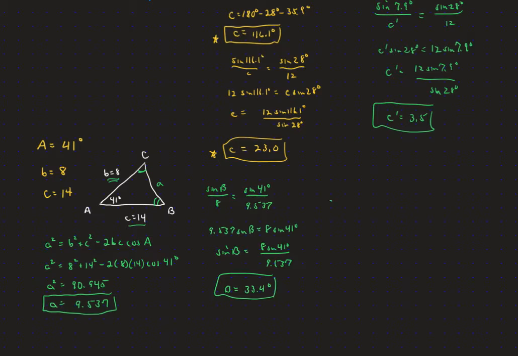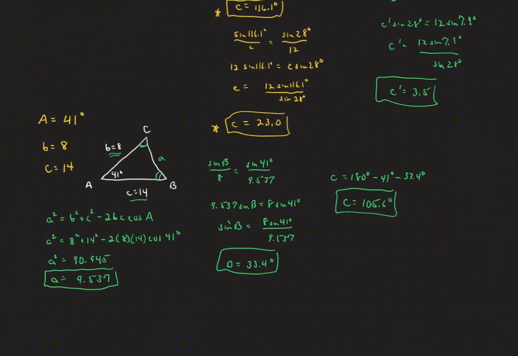Now we can find safely that biggest angle by subtracting our other two angles from 180. And I think we're going to find out this is, in fact, obtuse, which we couldn't have gotten correctly using law of sines. And that's 105.6 degrees. And we have solved that triangle.